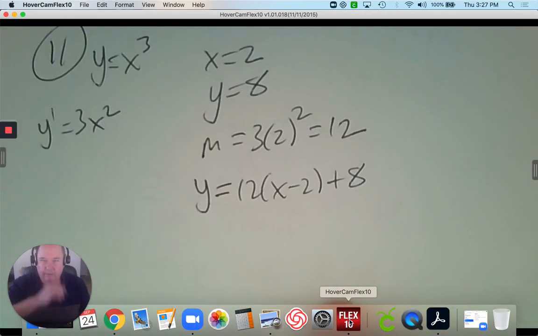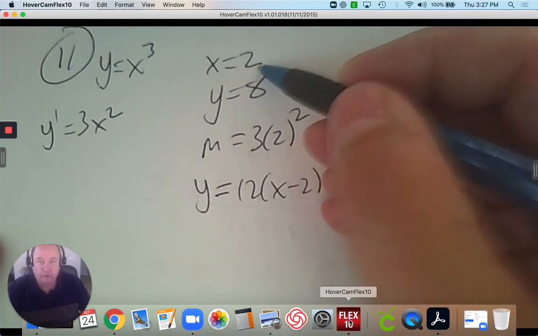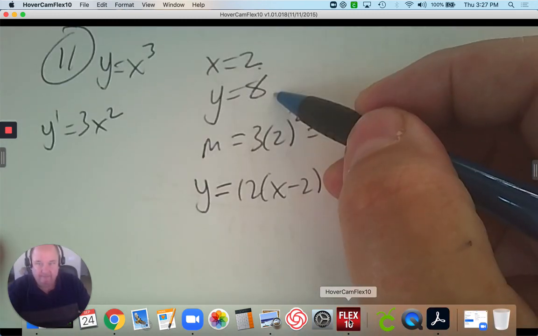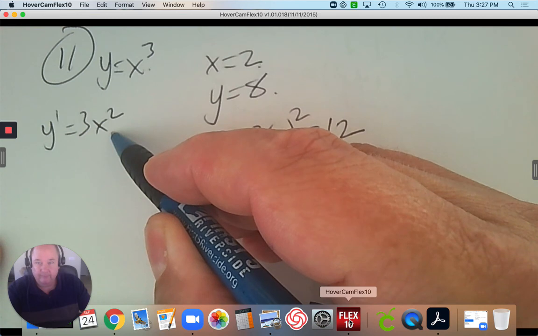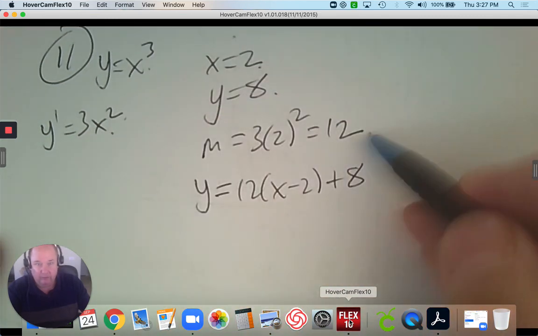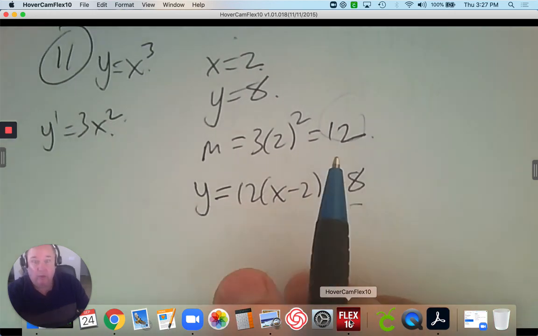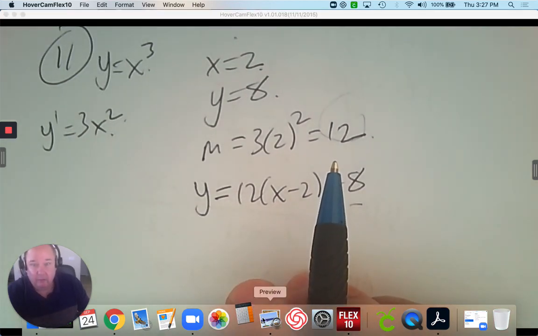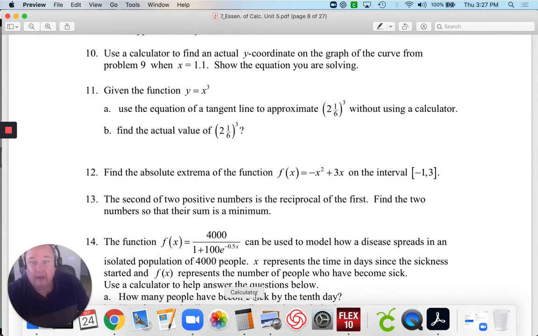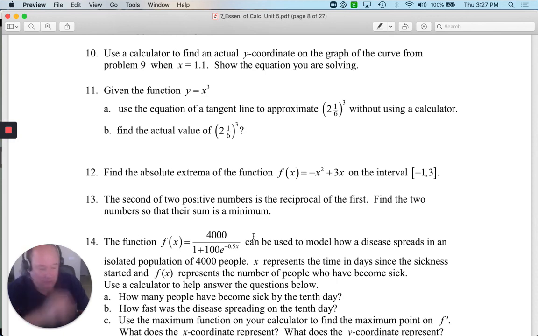So did you get something like that, where you used 2 and 8 and then took the derivative and then plugged 2 into the derivative, and now you have the slope and a point for the equation of the line. Now I want to approximate 2 1/6.